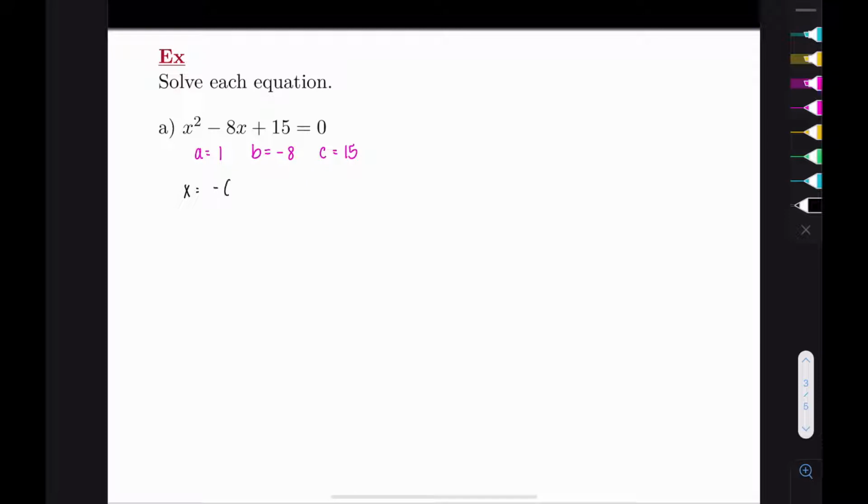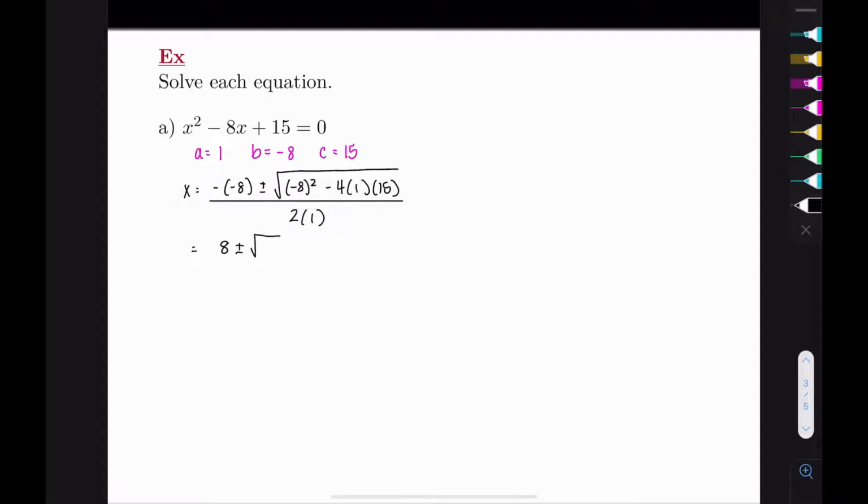It's negative b plus or minus the square root of b squared minus 4ac, all over 2a. Because from here, it's just simplification. We have negative 8, that becomes positive 8.